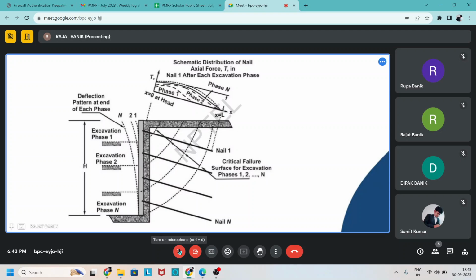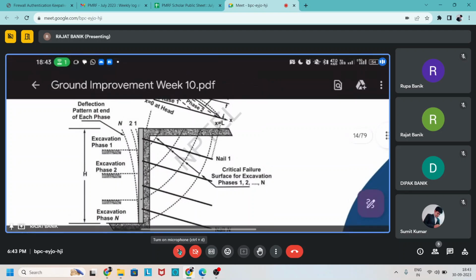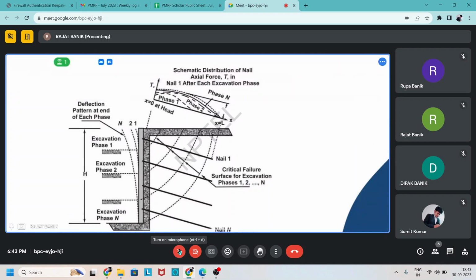This critical surface is mostly found where the axial force is maximum. In this way, we find this critical surface.